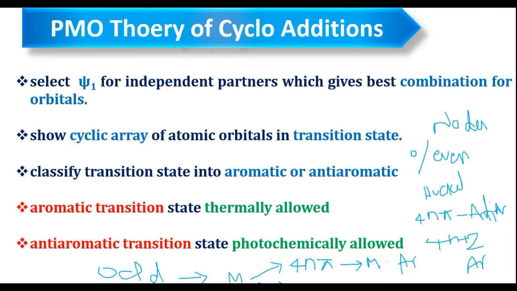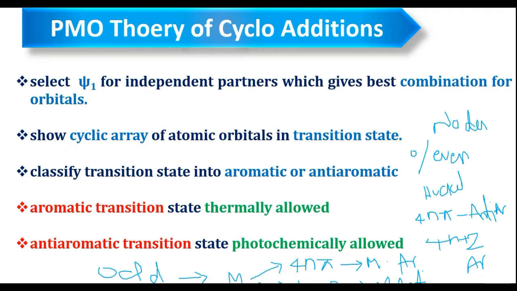If the system is a 4n+2 pi electron cycloaddition, this is called a Mobius anti-aromatic transition state. So friends, I hope you understand the concept.